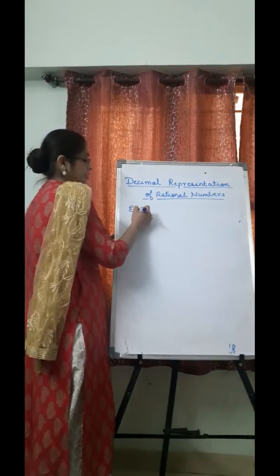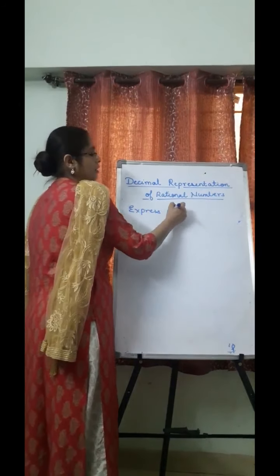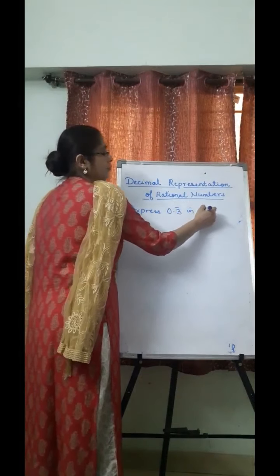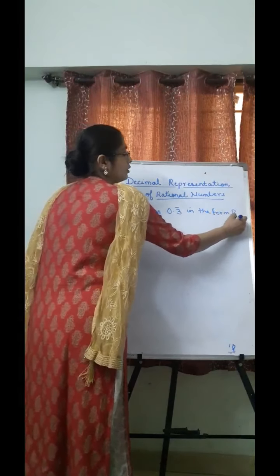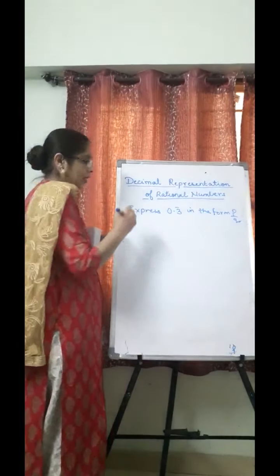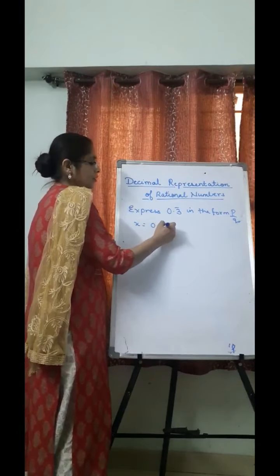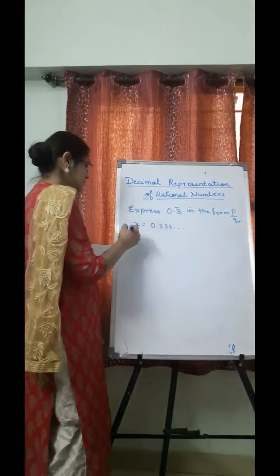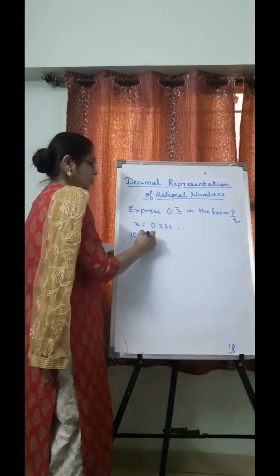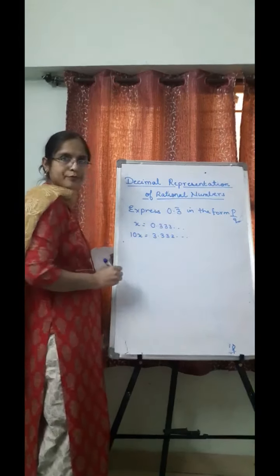Express 0.3 with a bar in the form P upon Q. Let x equal to 0.333 and so on. Then 10x is equal to 3.333 and so on.